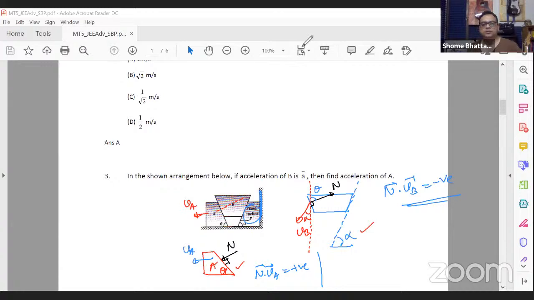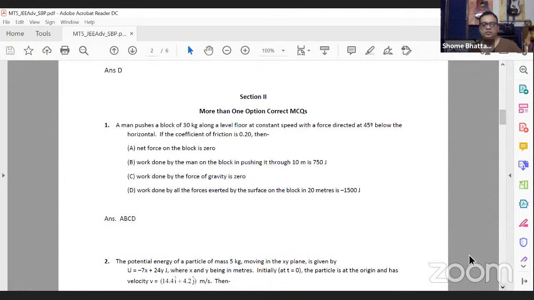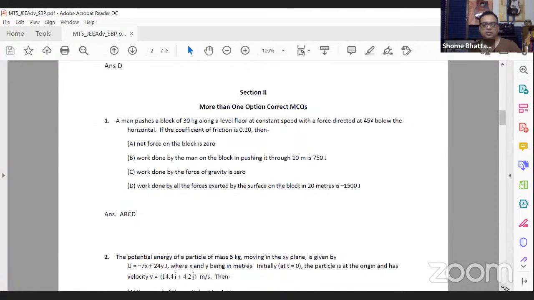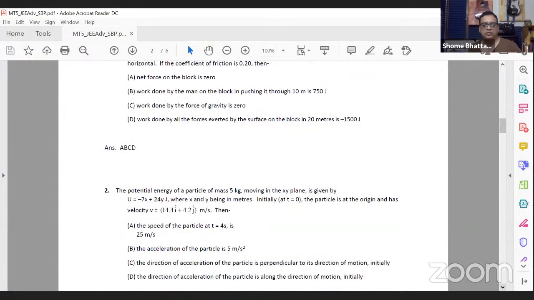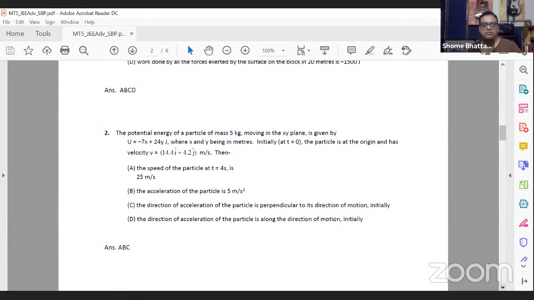Okay, next up, this should also be pretty easy. Okay, now in this you can see, you can do a bit of guesswork in this type of problem. Okay, what is happening? You're finding potential energy.